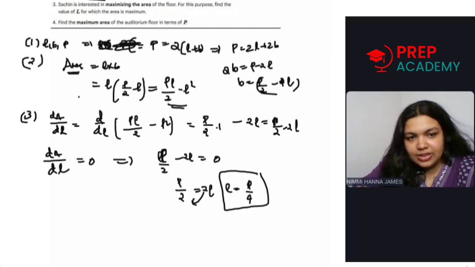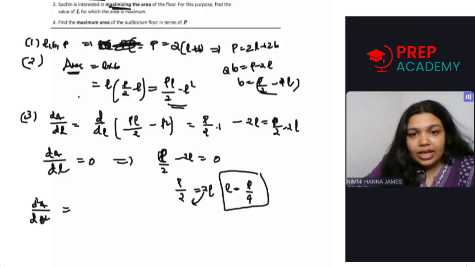It is already given that it is maximum, but let us confirm whether it is maximizing or not. For that, the second derivative test: d square A by dL square. I am differentiating it again. The differential was P by 2 minus 2L. P by 2 is a constant, its differential is 0, minus 2 into the differential of L, that is 1. So minus 2 is the differential.